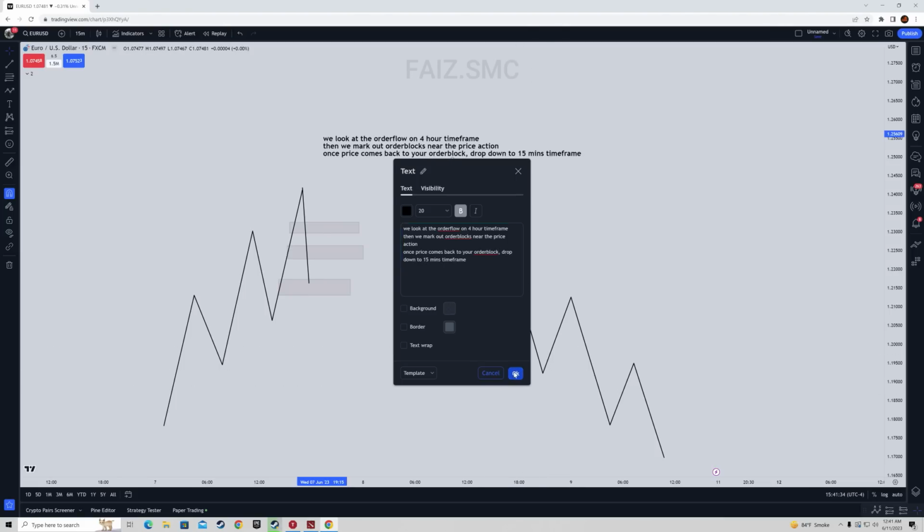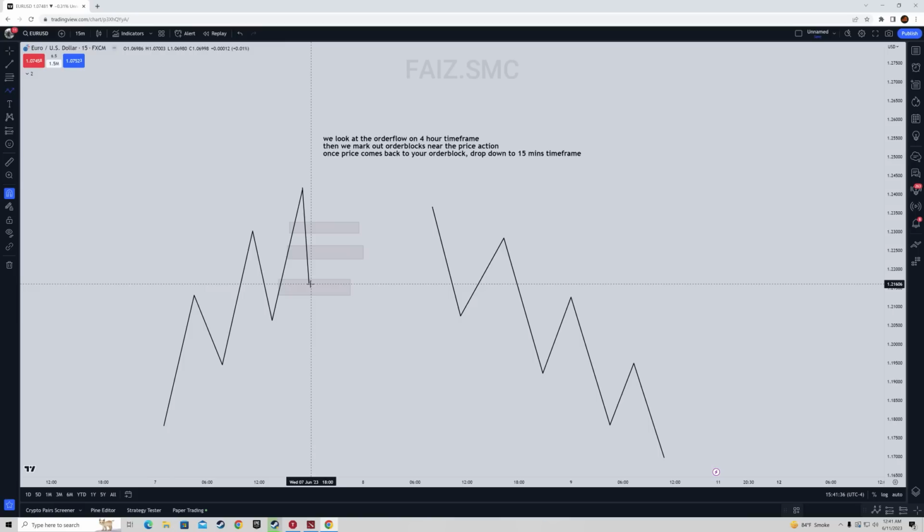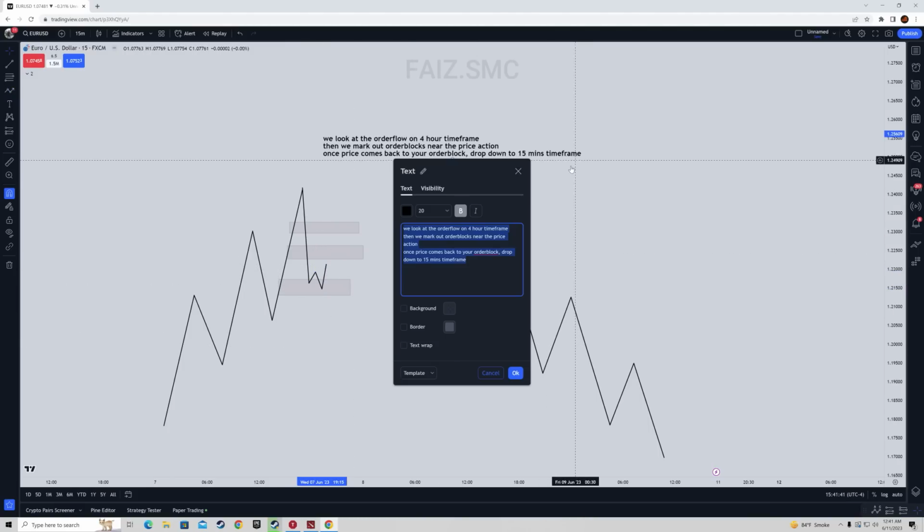Okay, and then you have to look for a market structure shift during kill zone hours. So look for a market structure shift on the 15 minutes time frame during kill zone hours. The kill zone hours are 2 a.m. to 5 a.m. Okay, and you can basically look till 6, but I prefer 5.